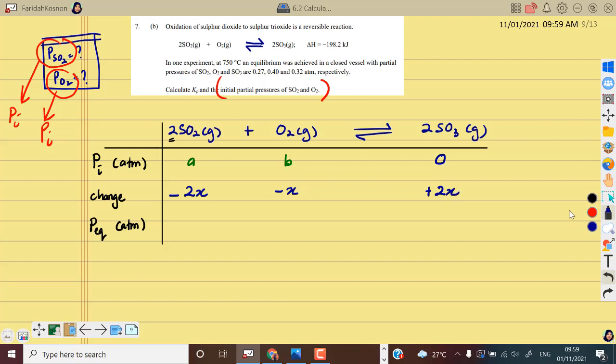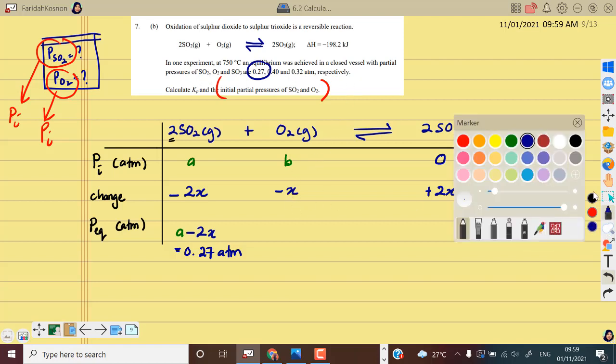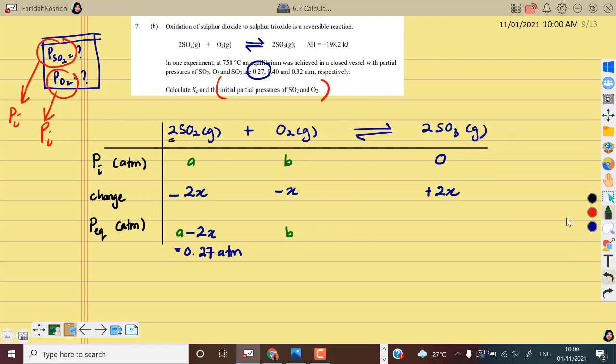Jadi at equilibrium apa yang berlaku? A minus 2x which is equals to 0.27 atm. Mana datang 0.27 atm ini telah dinyatakan dalam soalan, at equilibrium. Baca betul-betul. And for oxygen gas, dia adalah equals to B minus X which is equals to 0.40 atm.